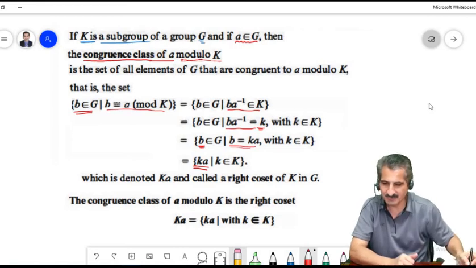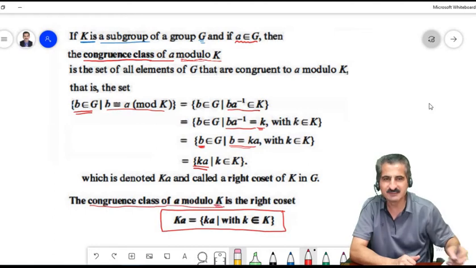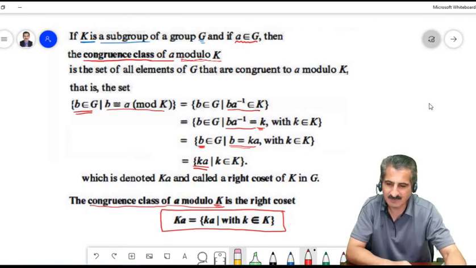So here we go: we define the congruence class of A modulo K to be simply the subgroup K multiplied by A. A subgroup is a set. How do we multiply a set by an element? Simply multiply every element in that set by the element A.